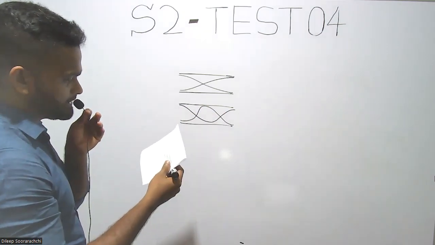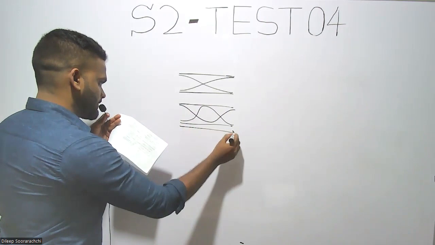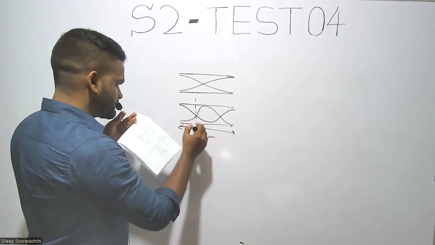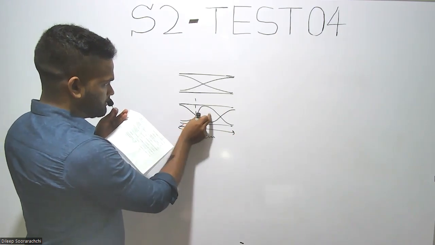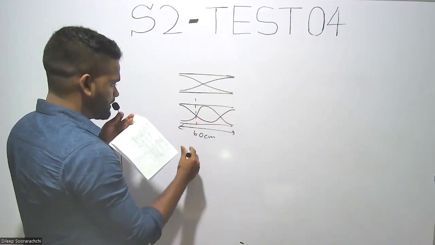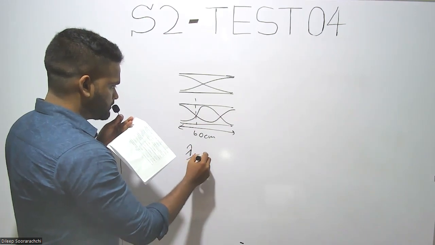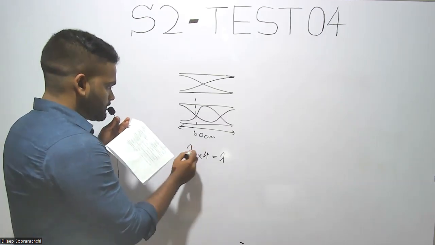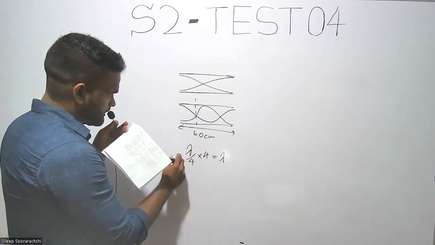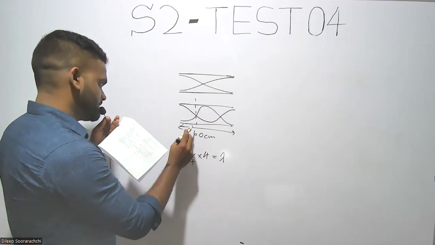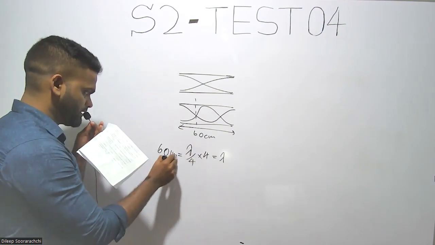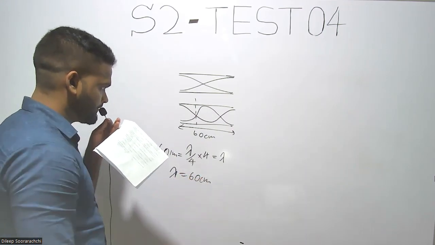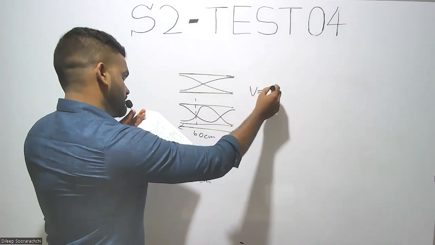The length of the pipe is given as 60 centimeters. If you think about lambda over 4, this one part is lambda over 4, lambda over 4, lambda over 4, lambda over 4. So we have 4 lambda over 4s. So this is just lambda. Lambda over 4 times 4 is actually the length of the pipe, 60 centimeters. So lambda is equal to 60 centimeters. Then just apply V equals F lambda.